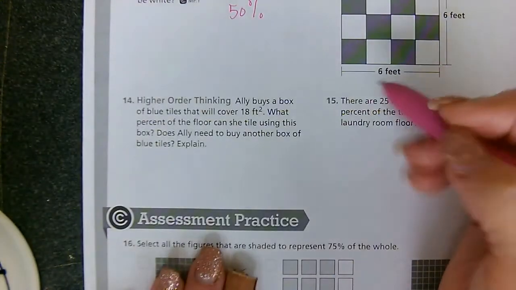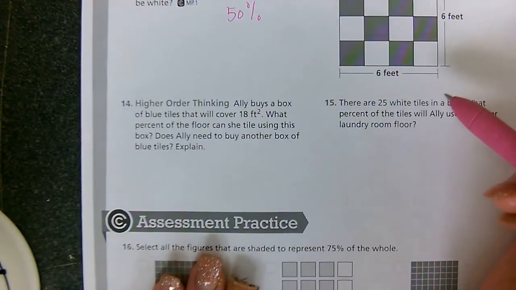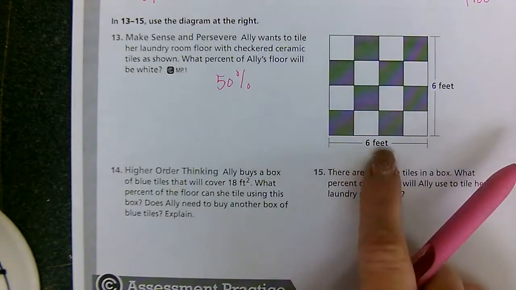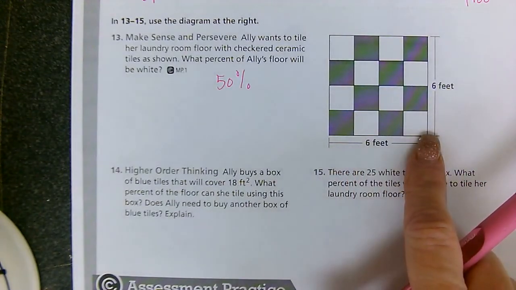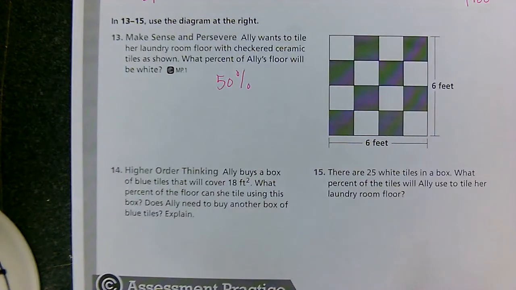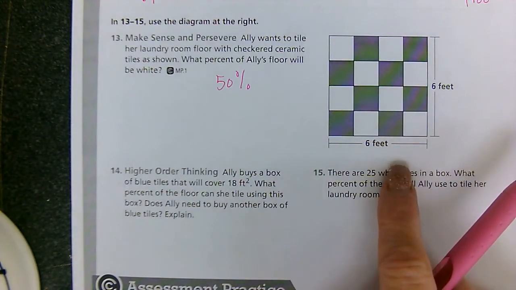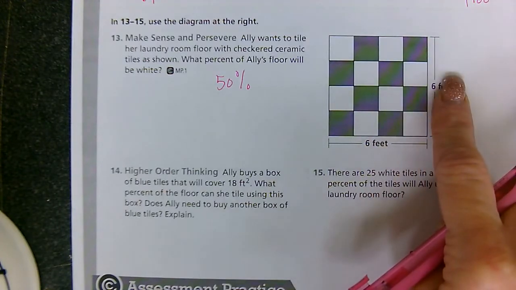Higher order thinking. Allie buys a box of blue tiles that will cover 18 feet squared. Okay, now we notice up here, we're talking about Allie's tiles again. If this is 6 feet, and there's 4 of them each way, all right? So we notice that we've gone to make this 18 feet squared now. Well, this right here, 6 feet by 6 feet, is 36 feet squared.